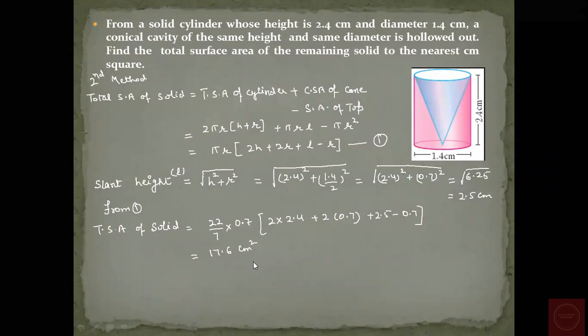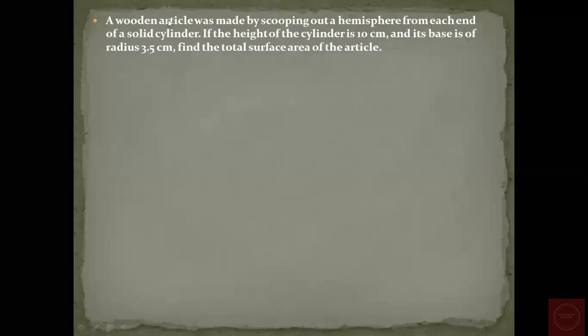17.6 centimeter square. So the next question is: a wooden article was made by scooping out a hemisphere from each end of a solid cylinder. If the height of the cylinder is 10 centimeter and its base is of radius 3.5 centimeter, find the total surface area of the article.